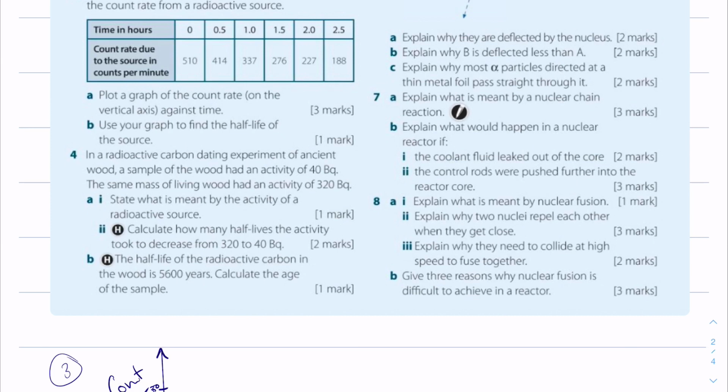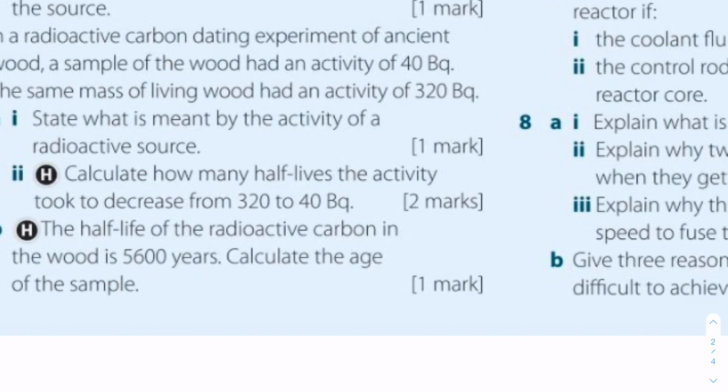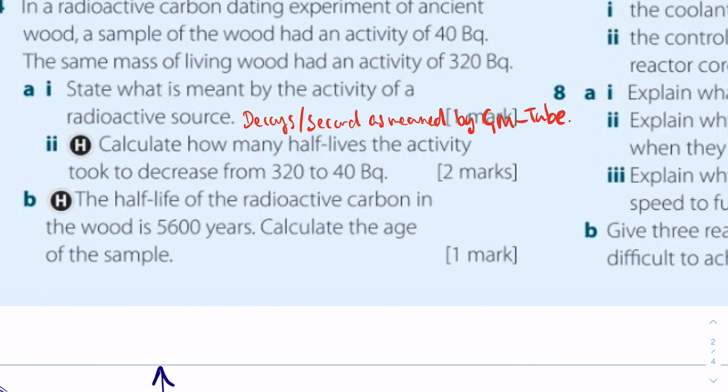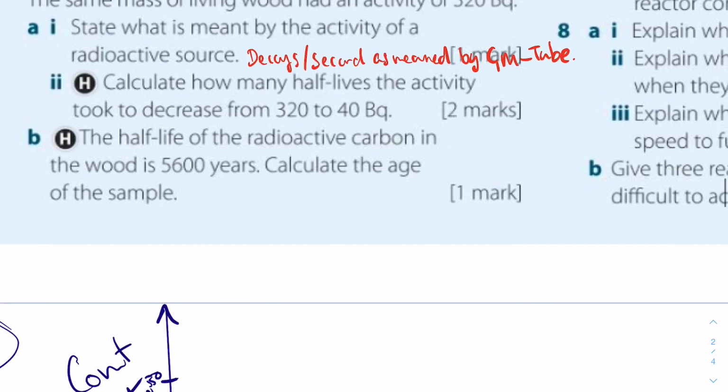So it's the number of radiation counts per second as measured by a Geiger-Müller tube. So I'll put decays per second as measured by Geiger-Müller tube.